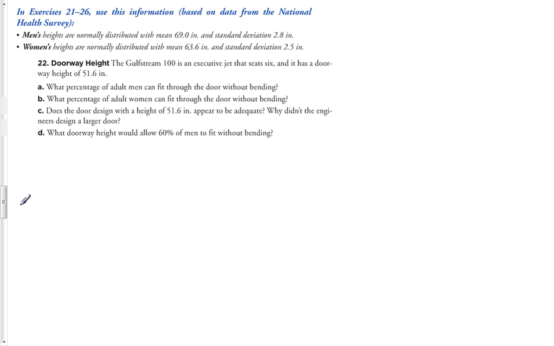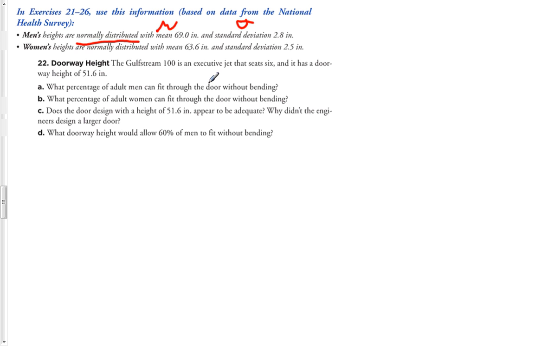In this exercise, we want to use this information about men's heights and women's heights. Men's heights are normally distributed, so we can use z-scores here, with mean mu of 69 and a standard deviation sigma of 2.8.